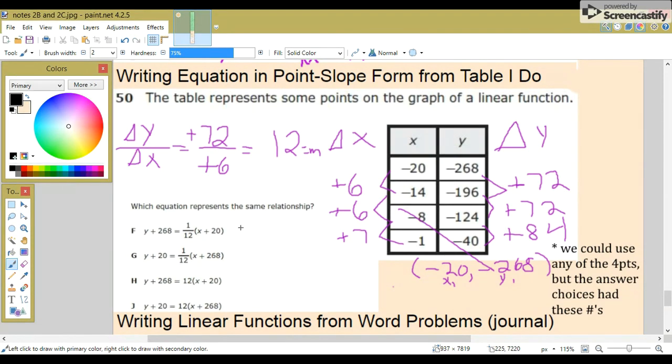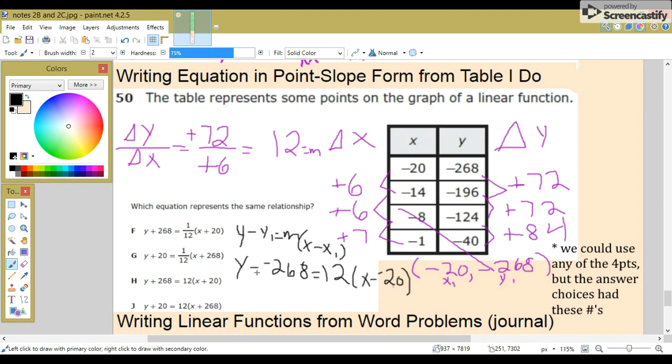So continuing, recall the point slope formula, y minus y1 equals m parentheses x minus x1. Plug in your values. So you have y minus negative 268 equals m, which is 12, parentheses x minus x1, which is negative 20.